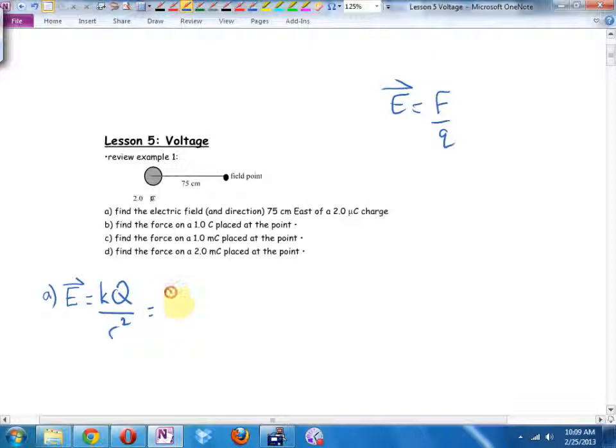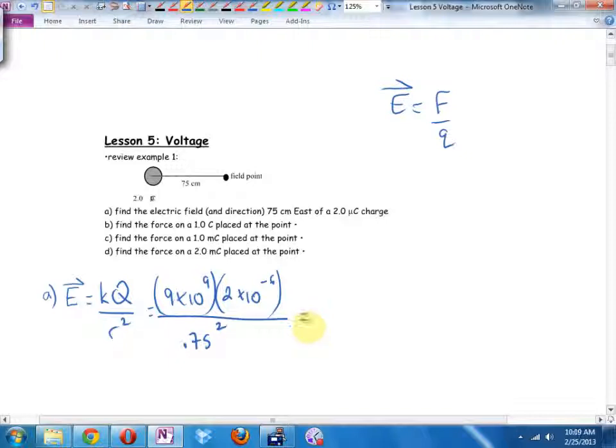It's going to be 9 times 10 to the 9th, times 2 times 10 to the negative 6, divided by, careful, 75 centimeters, so 0.75 squared.